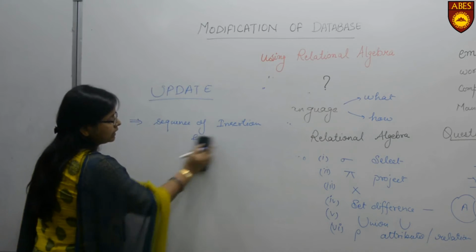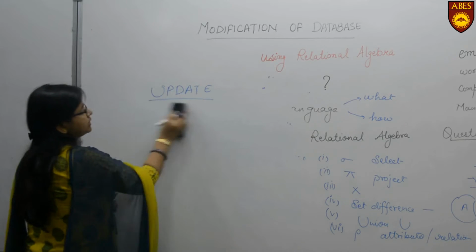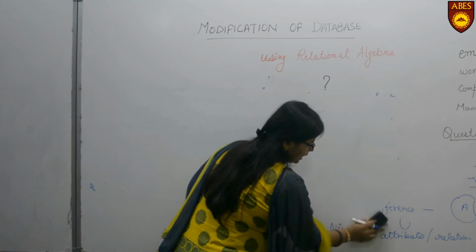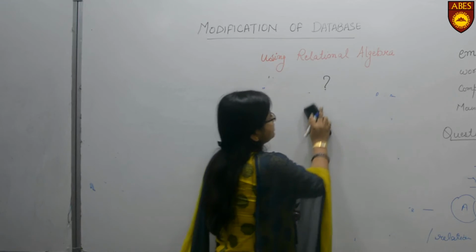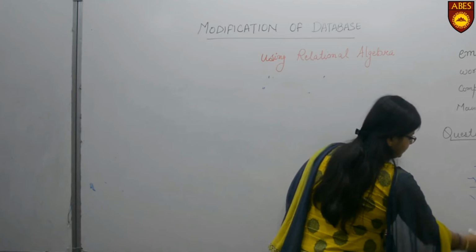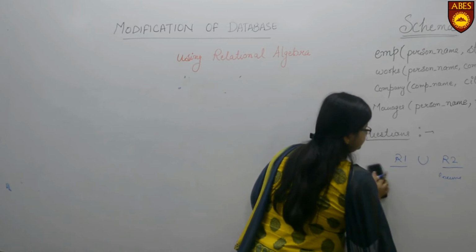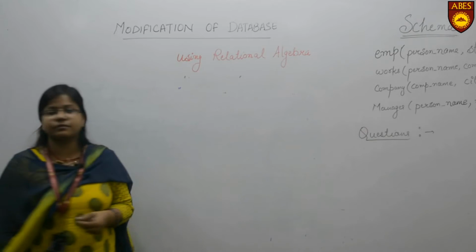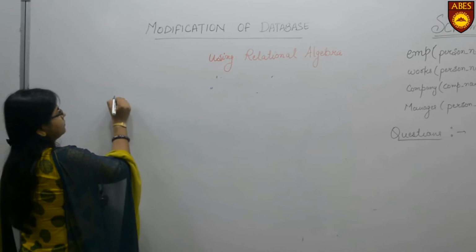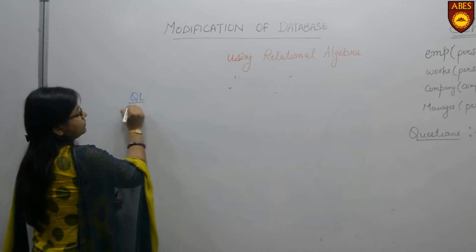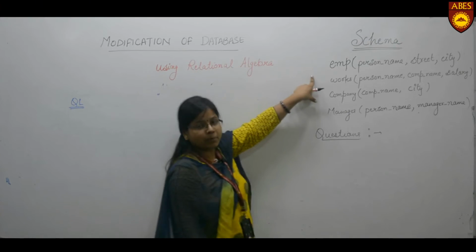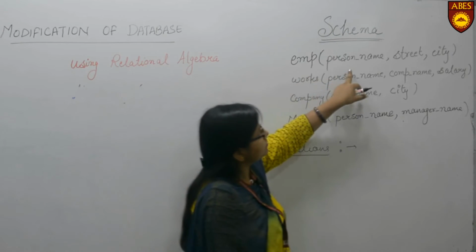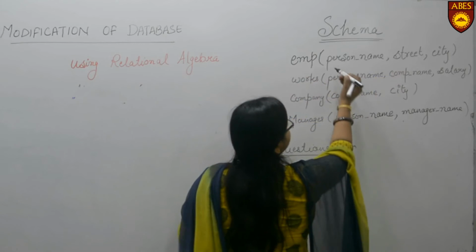So for deeper understanding, let's take an example. Let's take a schema and a few questions over this. So we'll have more idea how to write relational algebra queries for modification of the databases. This is a schema consisting of 4 tables: EMP, with person name, street, city, where person name is a primary key.